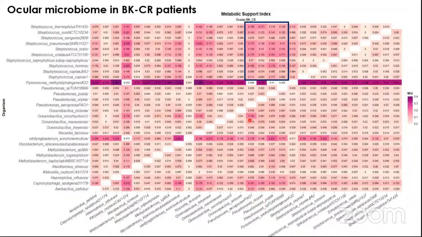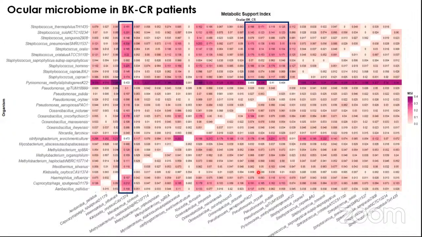So for example, in the presence of this microbe, Pseudomonas aeruginosa, this microbe, Streptococcus thermophilus, will be benefited by a MSA factor of 0.166. So that's how we can look at this heat map.